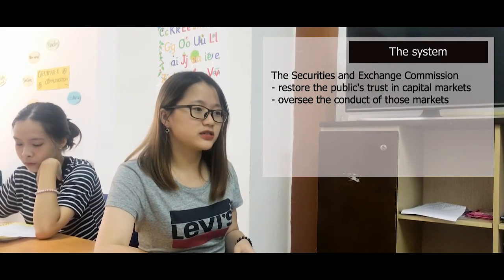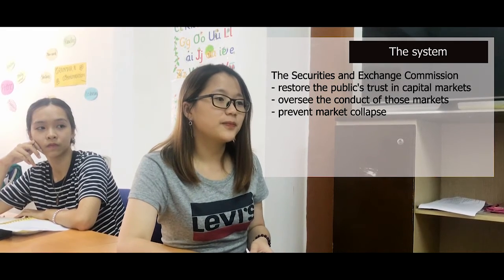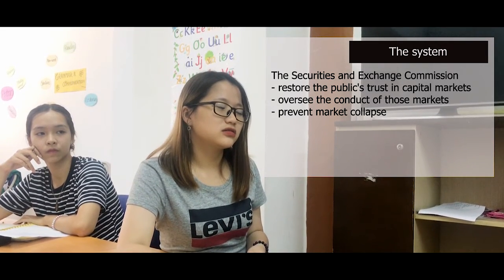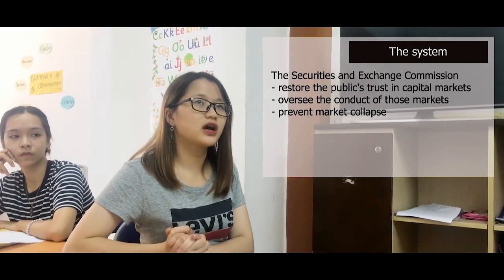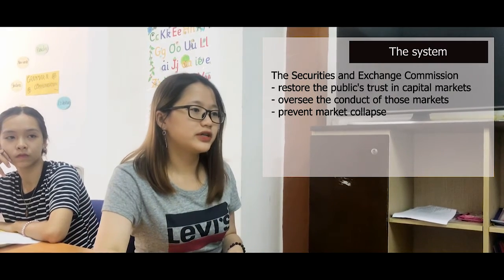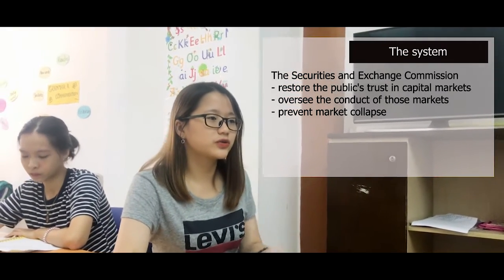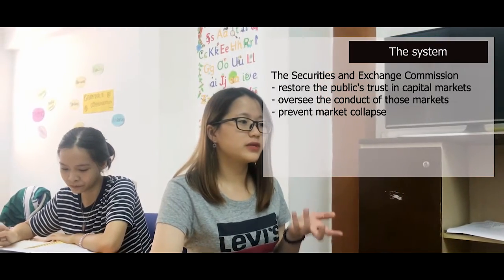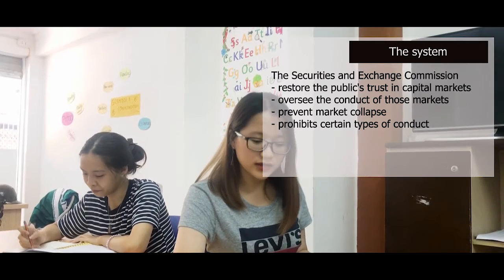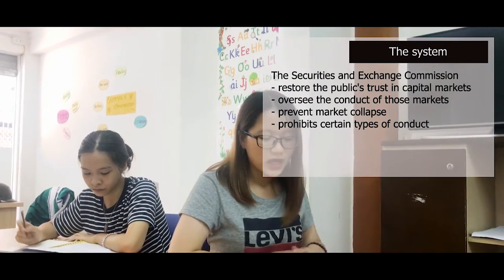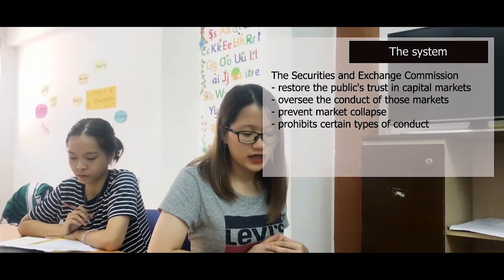Among its many obligations, the SEC attempts to prevent market collapse by requiring transparency in the financial instruments being traded in the financial markets, and also by regulating brokerage firms and self-regulatory organizations, including the major stock exchanges.